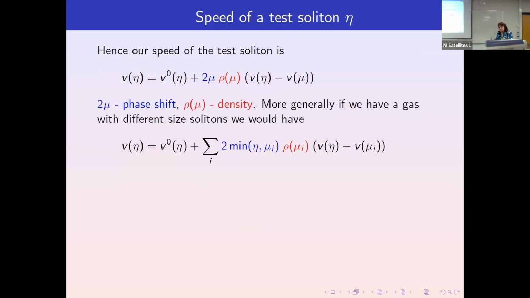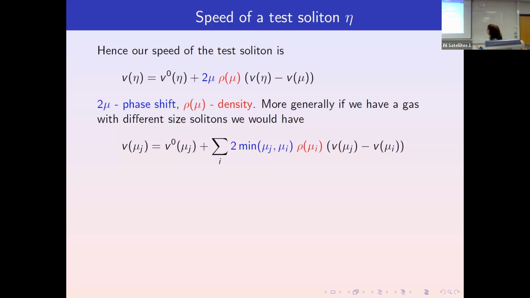Obviously, generally you're going to have lots of solitons, so you actually need a sum in here over all the different possible solitons and speeds. Right, I'm getting short of time, so here I've not really done anything, but I've put indices on the mu j. I'm now not thinking about a test soliton, I'm thinking about being inside the system, and this is the velocity of solitons mu j in the system.